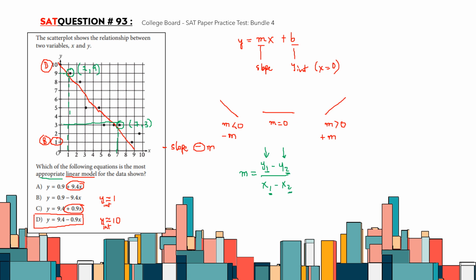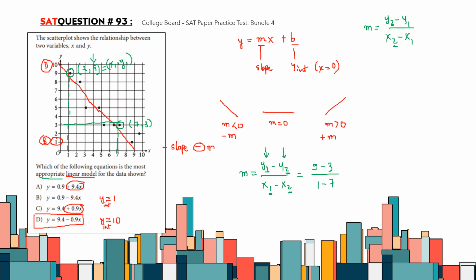We can also try m equals y2 minus y1 over x2 minus x1. But in this case, I choose this as my x1, y1, so I will have a big number for y, and the subtraction will make it positive. So I choose that. Okay, so 9 minus 3, and then at the bottom x1 equals 1 minus 7.